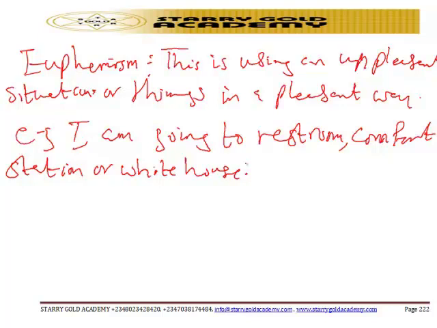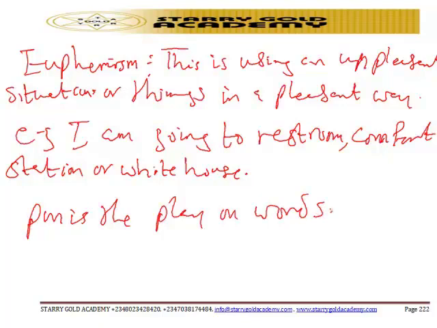So we have a lot of examples of them. We have pun, that is play on words. Pun as a figure of speech, play on words. We have another one, Singlish.